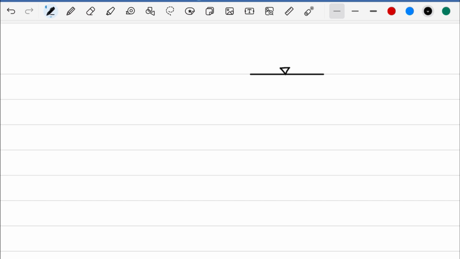Then there is, as explained in the last lecture, the vertical surface. When seen from the top view, it is like a line. It is the top view. It is like a line.